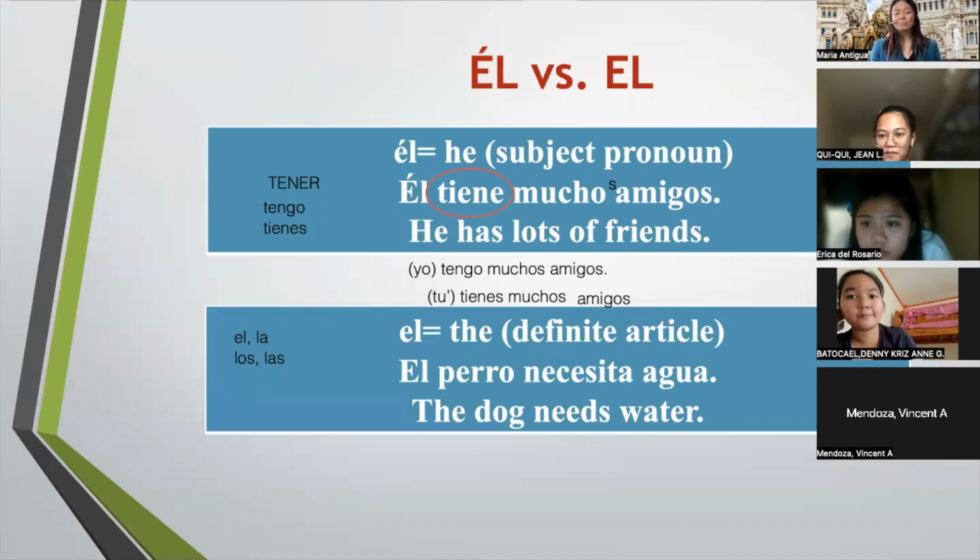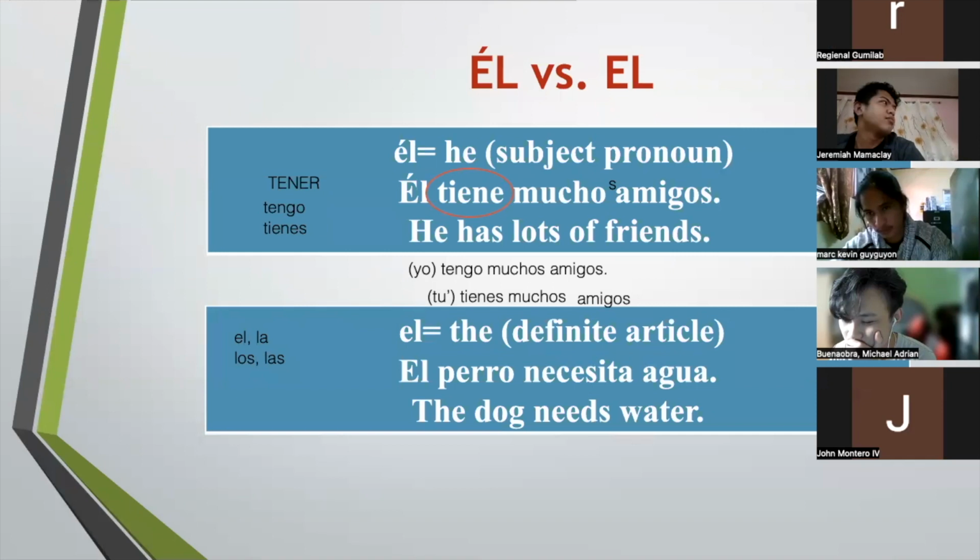So you have to really practice that rolling R sound. El perro. Okay? I hope, no? By now, you can already pronounce the rolled R. El perro necesita agua. The dog needs water.